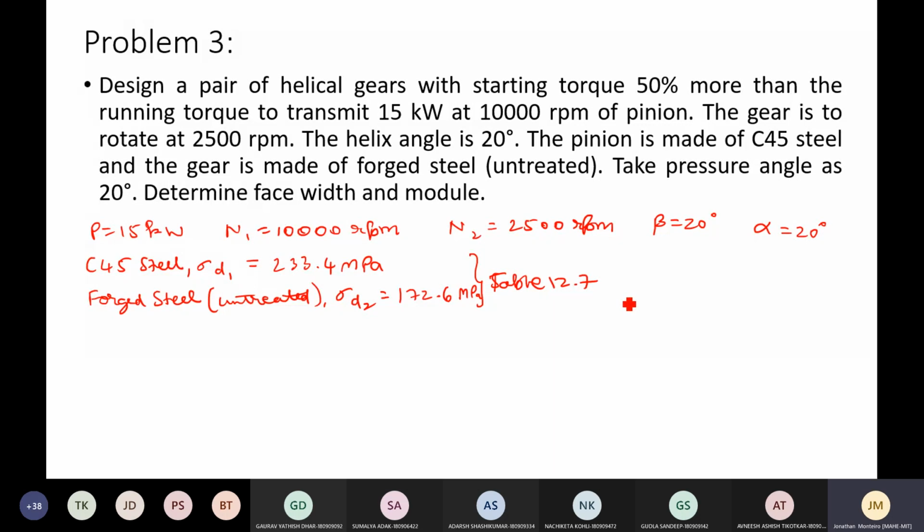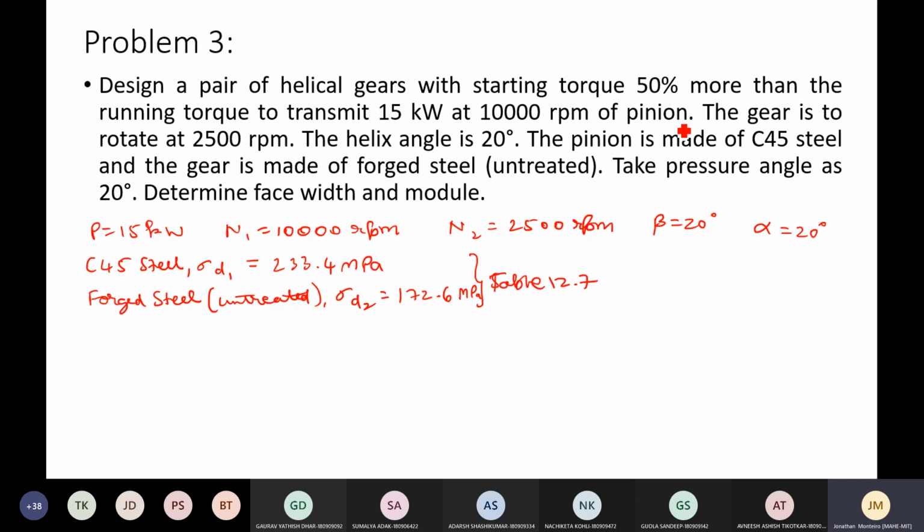Now, the biggest change that you can find in this problem has to do with the torque itself. Starting torque is 50% more than the running torque to transmit 15 kilowatts.